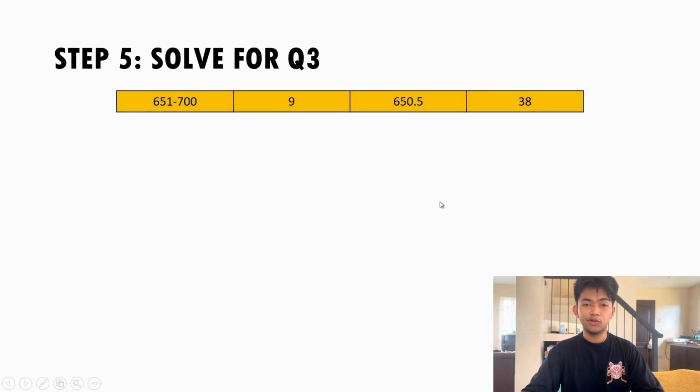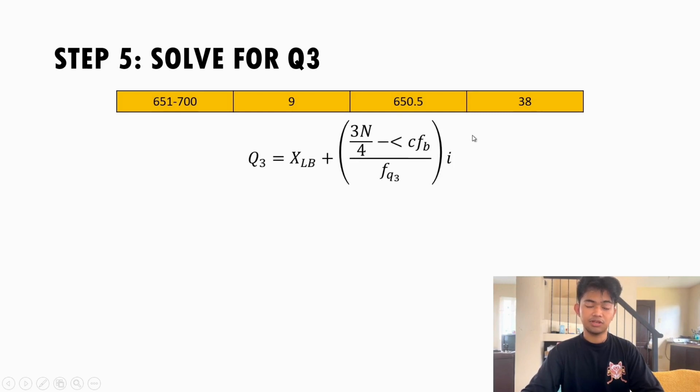Next is solving for Q3. Now, using the formula for Q3, lower boundary plus 3n over 4 minus the cumulative frequency over frequency of Q3 times the class interval.